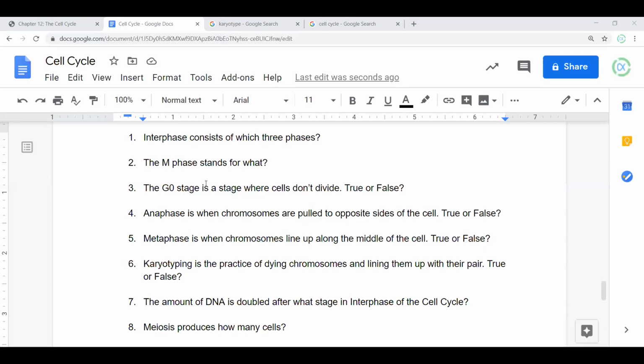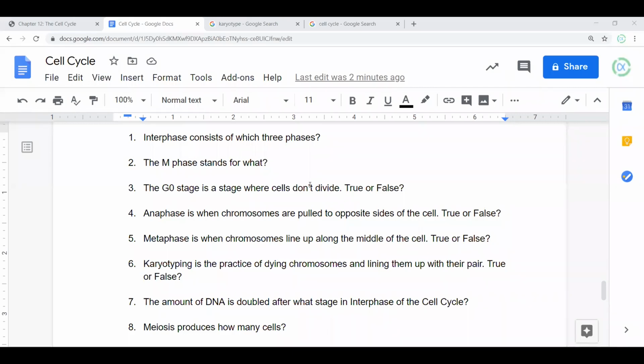So question 8, meiosis produces how many cells? Okay, so the answer here was 4.